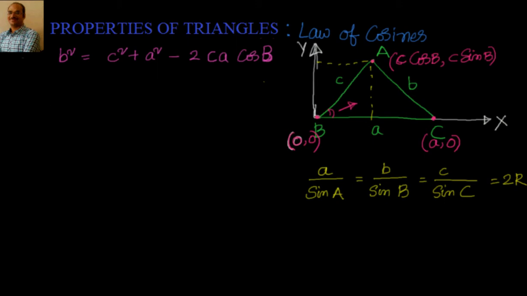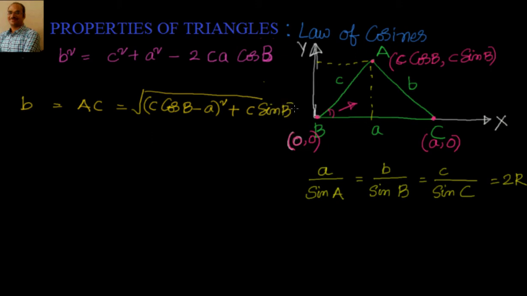So let's equate that and see what happens. b is nothing but the distance between A and C, that's equal to the square root of (c cos B minus a) whole square plus (c sin B) whole square.